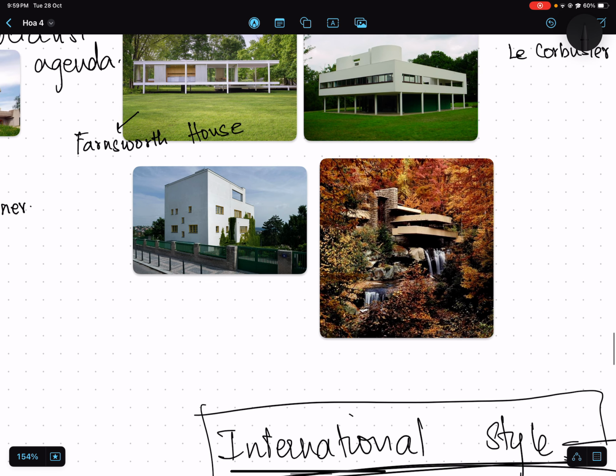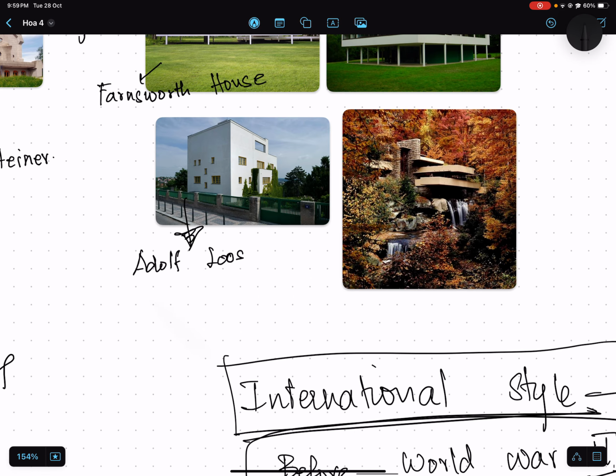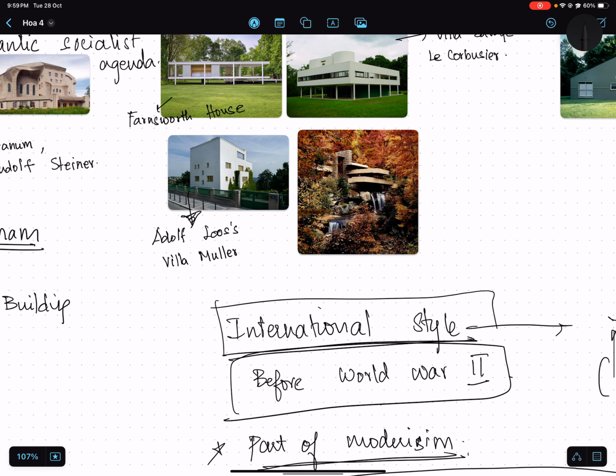And then Adolf Loos, Villa Müller. Now, one famous thing about Villa Müller or Adolf Loos's theory is the Raumplan, which is a planning technique of spacing out. It's basically spatial planning, and it's how you space out the interior of a house. So that was Adolf Loos.